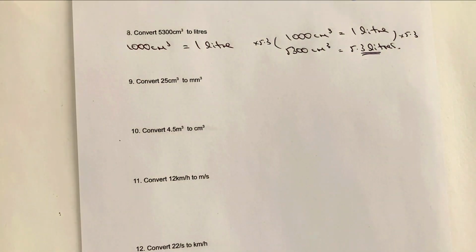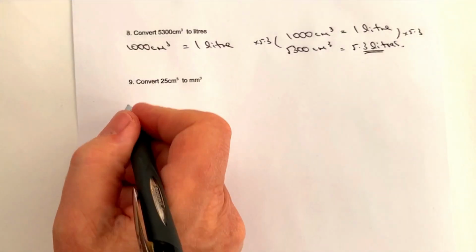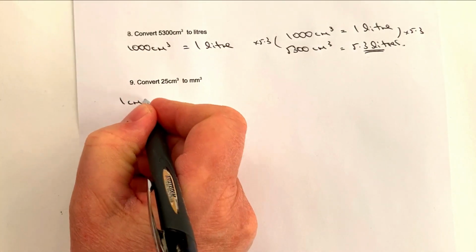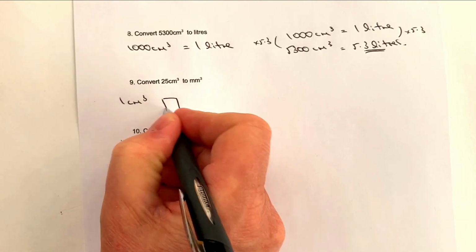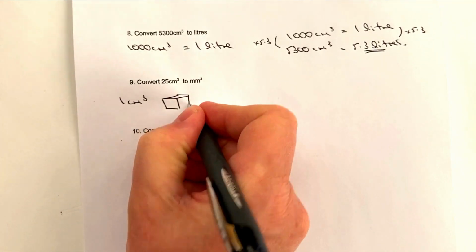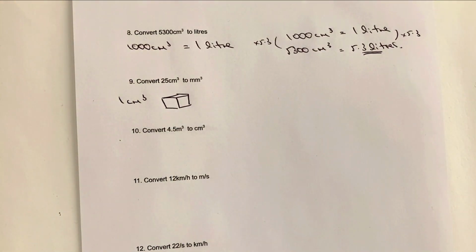Okay, now let's move on to something that's a little bit harder than that, where we've actually got to change 25 centimeters cubed to millimeters cubed. Now, I'm going to use the same principle. What do I know? 1 centimeter cubed is the same as saying a block which is 1 centimeter by 1 centimeter by 1 centimeter.